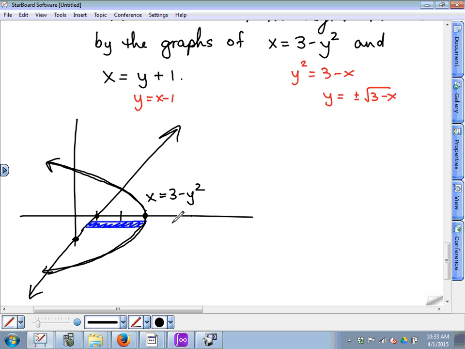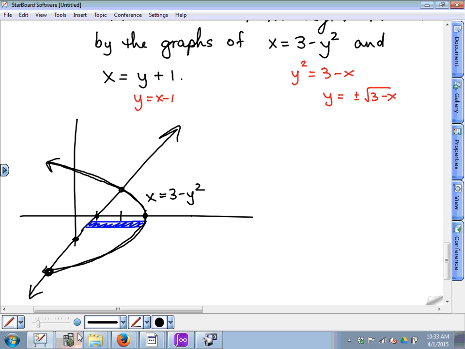You with me? So it would be much, much easier to integrate this function with respect to y and use horizontal rectangles. What we need to know is where does the graph intersect here and where does the graph intersect there, because we need to have bounds of integration.